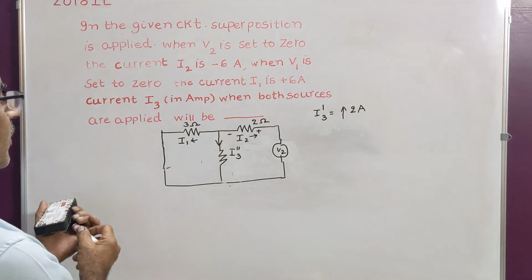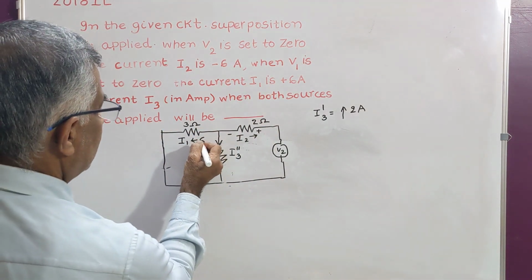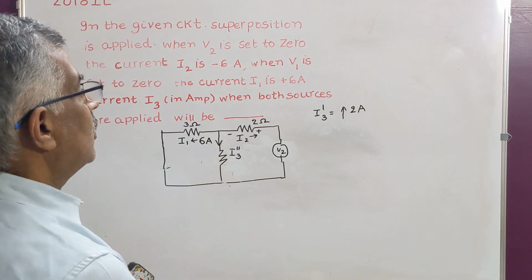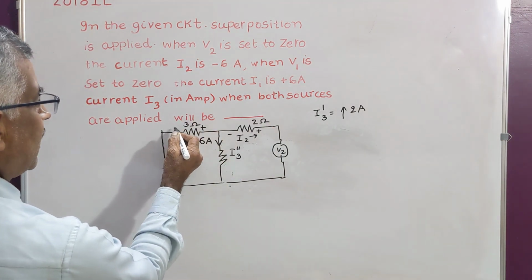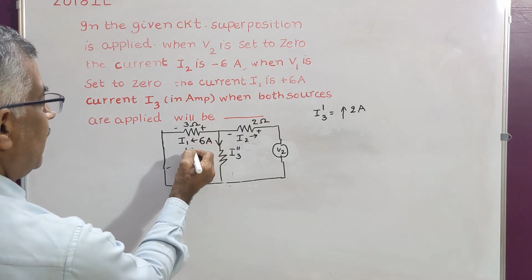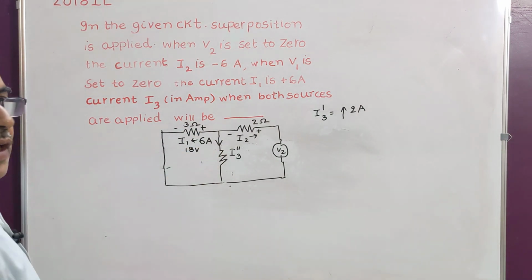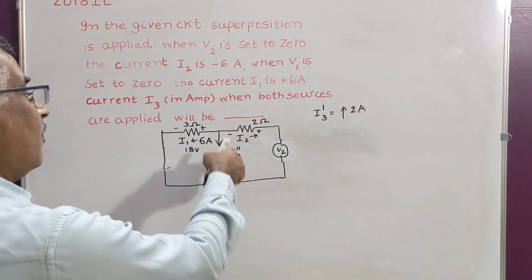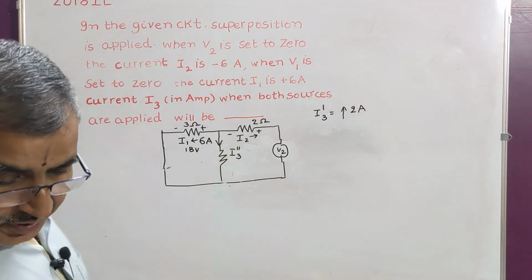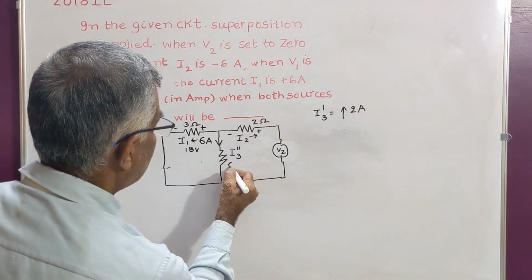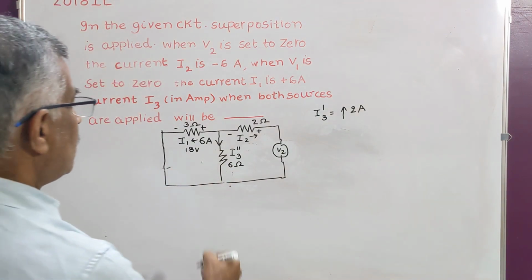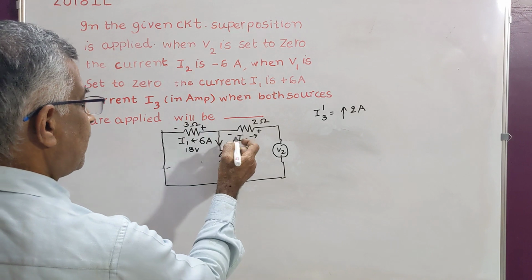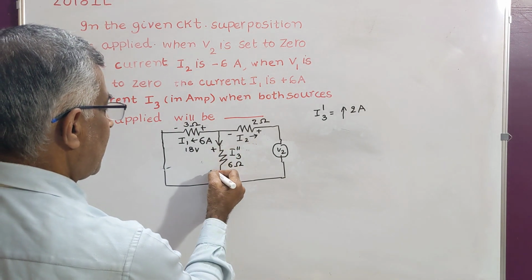So it is flowing like this, 6 amperes. If 6 amperes is flowing like this, this is plus, this is minus. 6 into 3, 18 volts. Now this 3 ohms is in parallel with 6 ohms. Having marked plus minus, here also you have to mark plus minus.